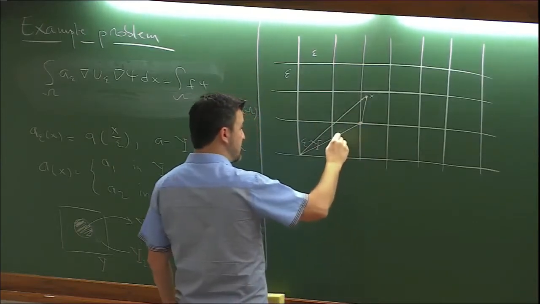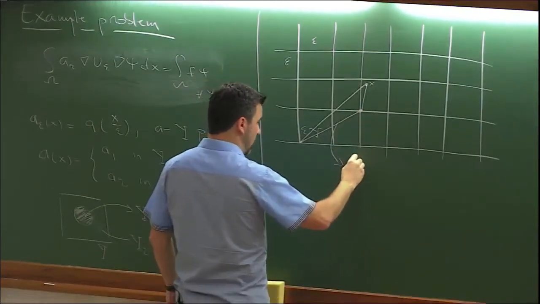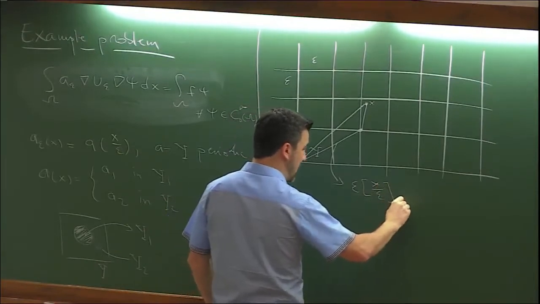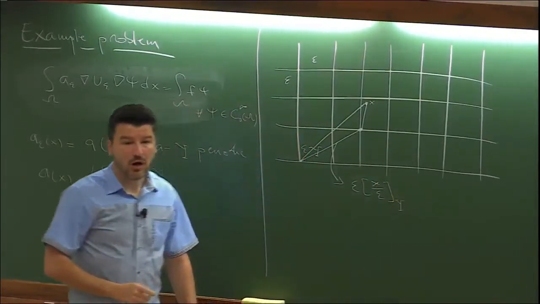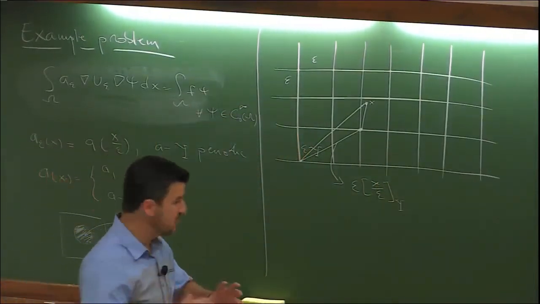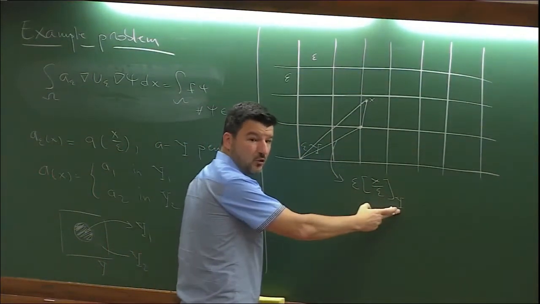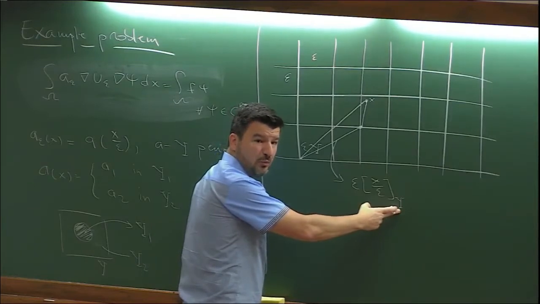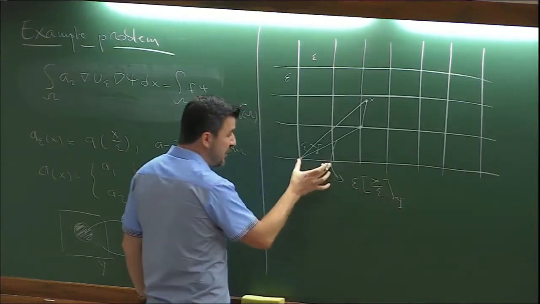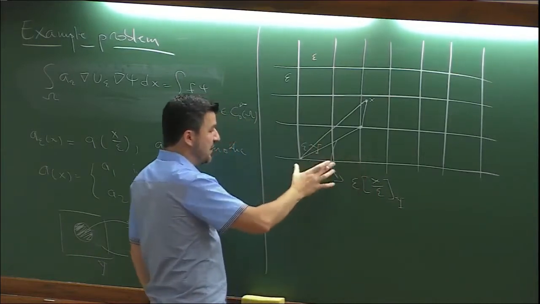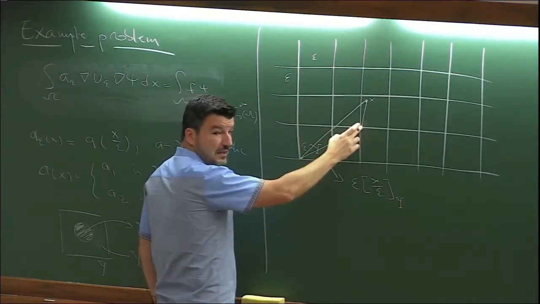We said the cell is given by epsilon times the integer part of x over epsilon with respect to Y. If you have problems imagining this integer part, geometrically, if we assume Y to be the unit cube, this is an integer vector in R^n with integer coordinates characterizing the cell.